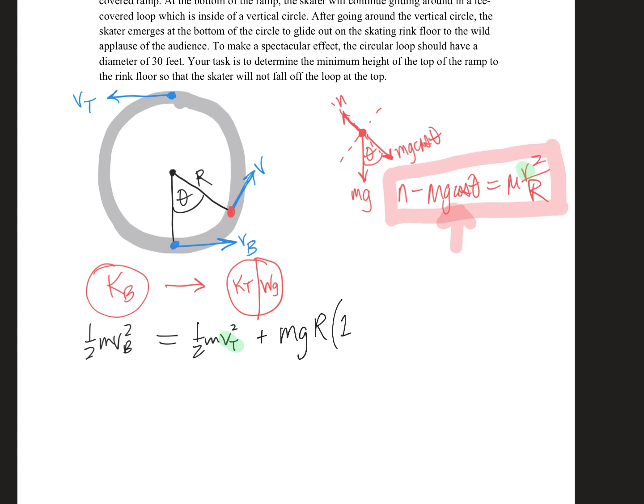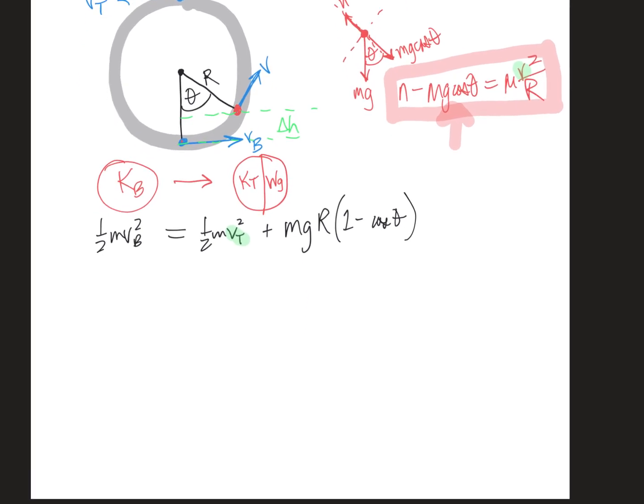It's r times 1 minus cosine theta, which you'll have to figure out why it's that way in a previous problem. But if you just pay attention to the trig of how you have a change in height like this, I've already shown that once, but I'm just going to give it away for the sake of time here.